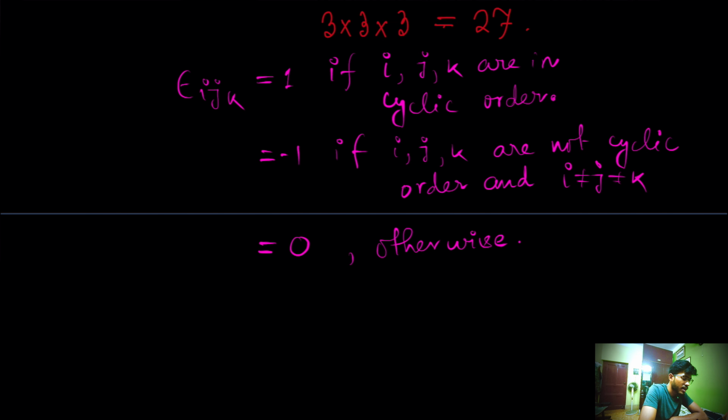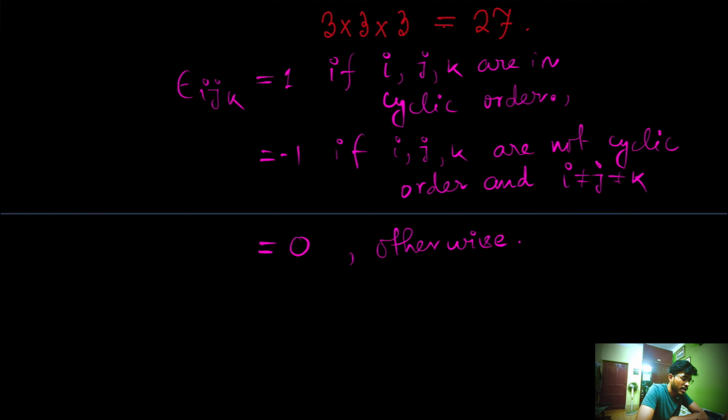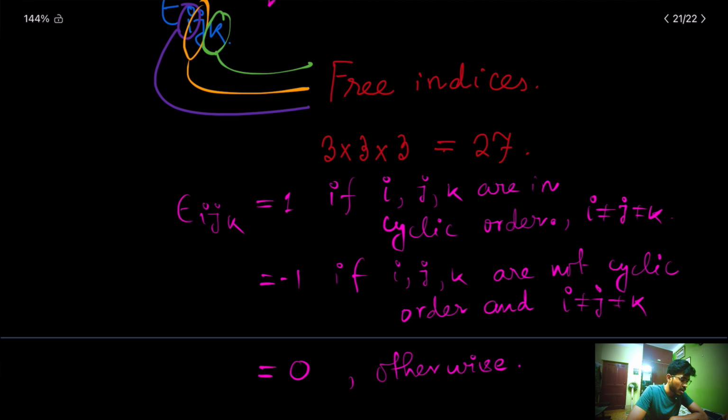So this condition actually is obeyed in this case also, that is here also i not equal to j not equal to k, because I have not written in the first condition i not equal to j equal to k. That is because if i is equal to j is equal to k, then they are surely not in cyclic order. Cyclic order means i, j and k have to be different by definition. So this is the property of a permutation tensor.